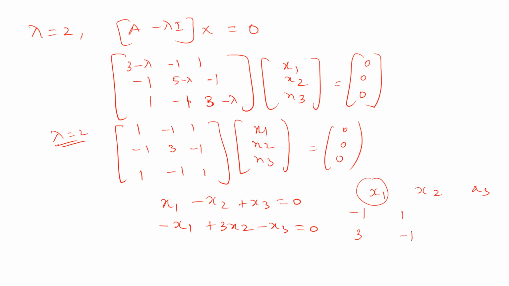When you are finding x2, you should use the coefficients of x1 and x3. We already have the x3 coefficients, and the x1 coefficients are 1, minus 1. For finding x3 we should use the x1 and x2 coefficients, so we already have 1, minus 1, and the x2 coefficients are minus 1, 3.